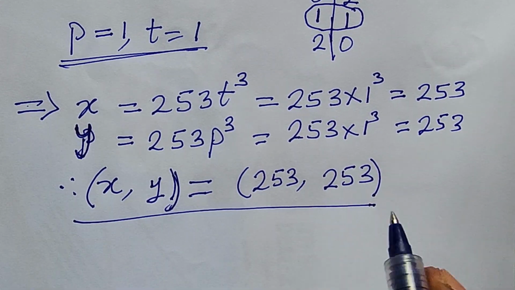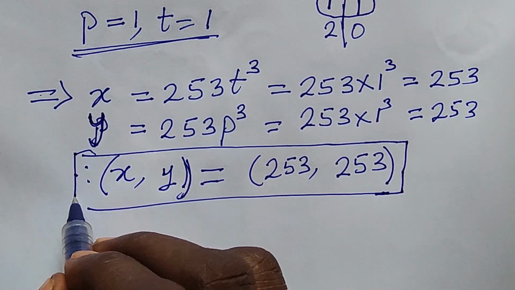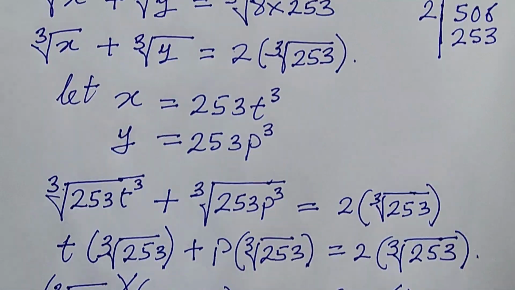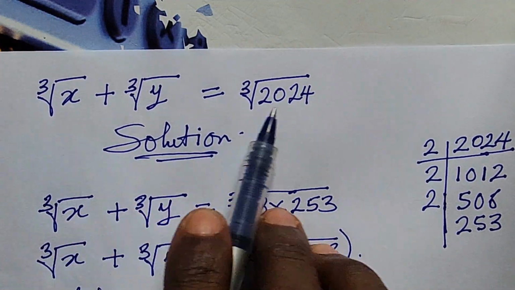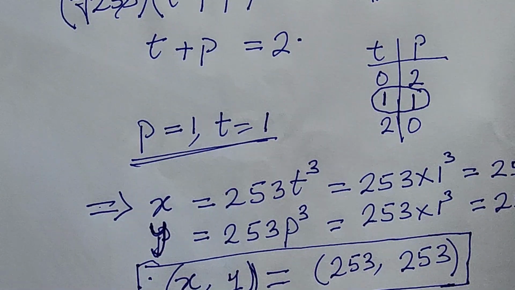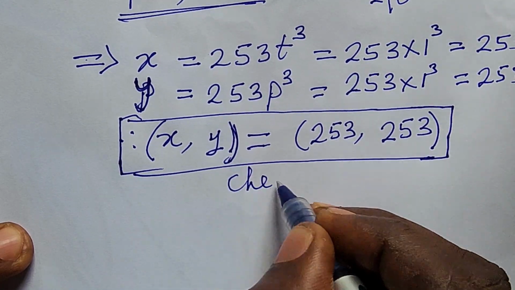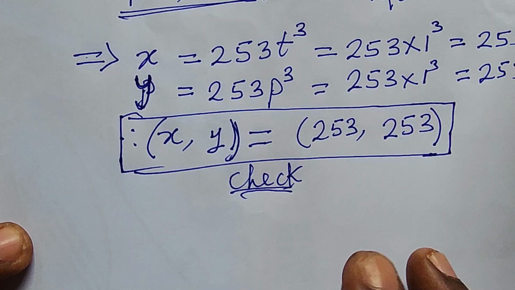All right, so these are the values of x and y that will satisfy our radical equation. Now, I want to do a little check. So let's check if this actually satisfies the equation. So check.